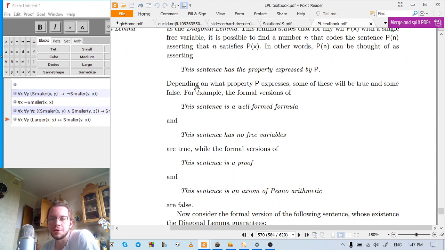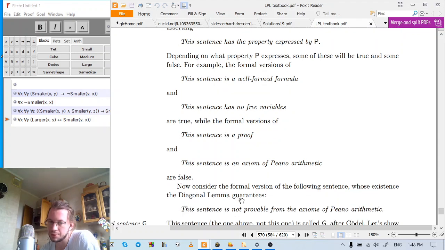For example, the formal versions of 'this sentence is a well-formed formula' and 'this sentence has no free variables' are true, while the formal versions of 'this sentence is a proof' and 'this sentence is an axiom of P&R arithmetic' are false.